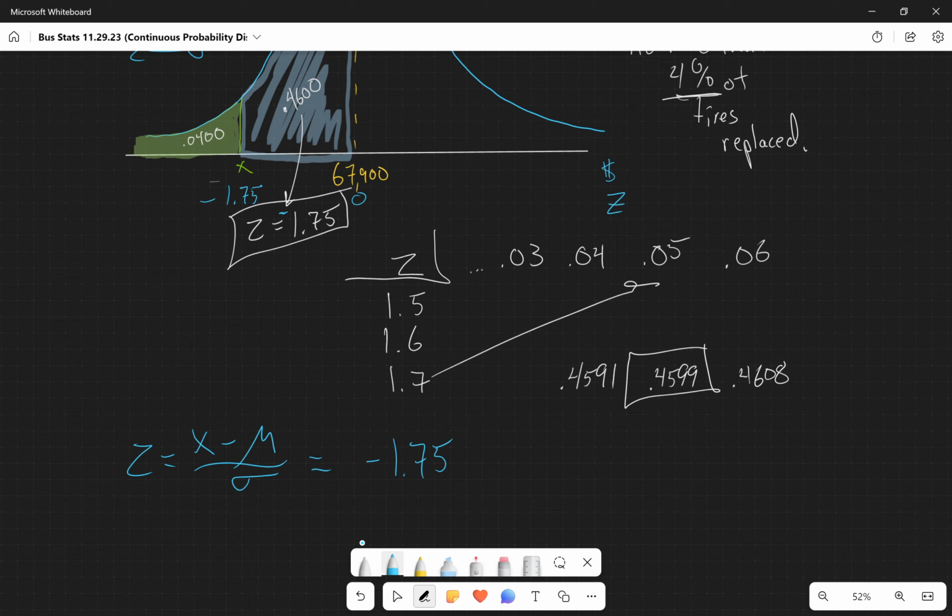So in order to get there, we're going to have some x that's subtracting this 67,900 number, and then we're going to have to divide it by the standard deviation, which we were told is 2050 in the prompt. So solving for x, we end up with x is equal to 64,312 miles.